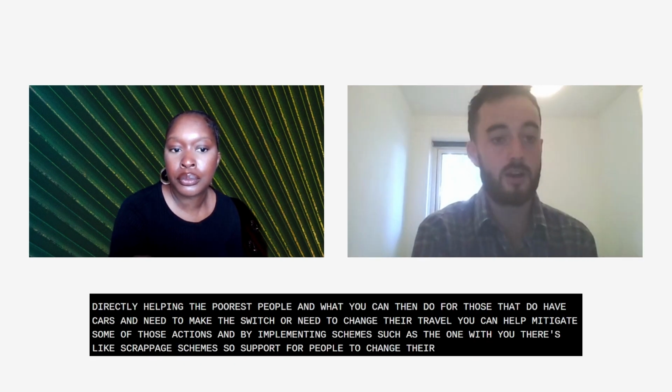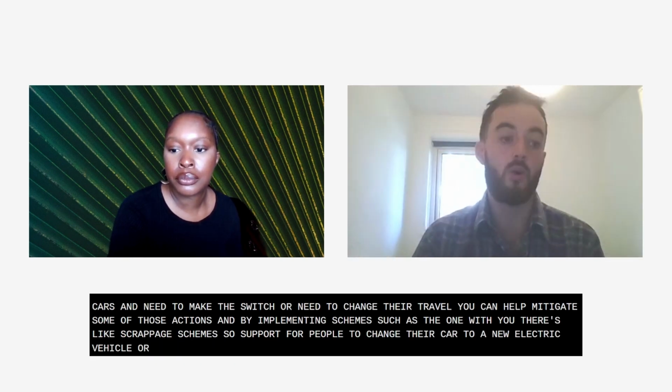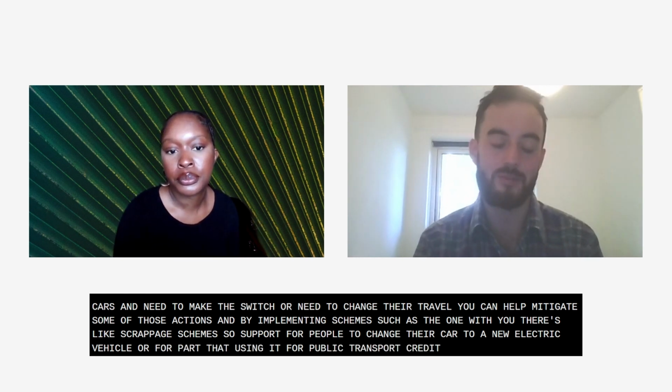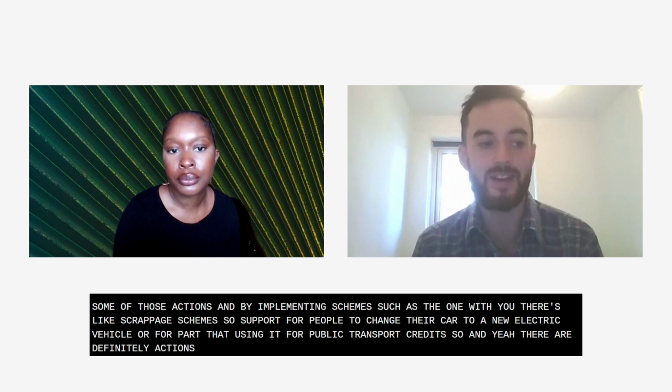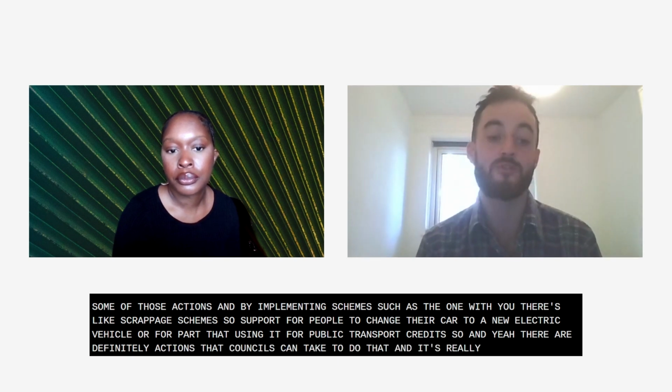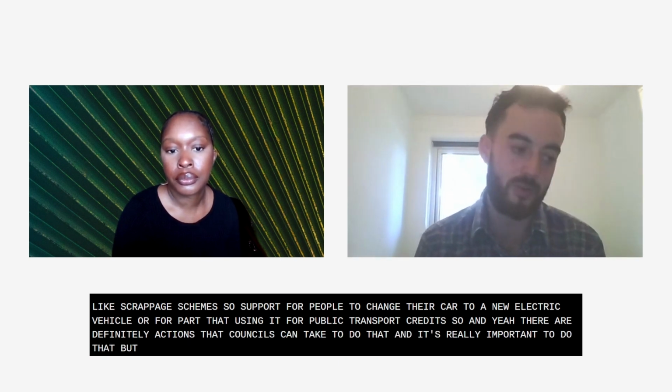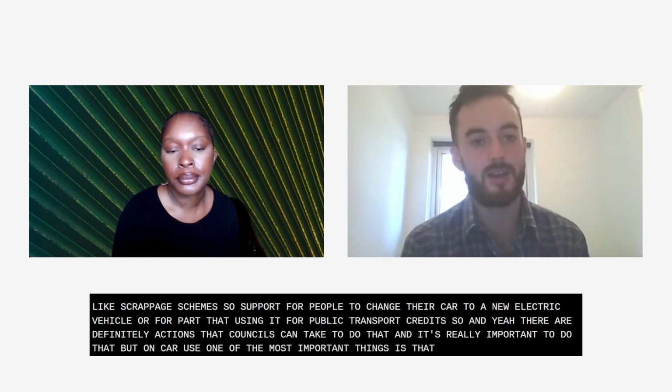For those who do have cars and need to change their travel, you can help mitigate those actions with schemes such as scrappage schemes, support for people to change their car to a new electric vehicle, or public transport credits. There are definitely actions councils can take, and it's really important to do that. But on car use, one of the most important things is that often the poorest households don't actually own cars.